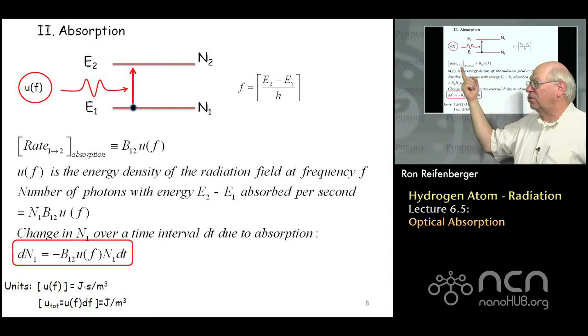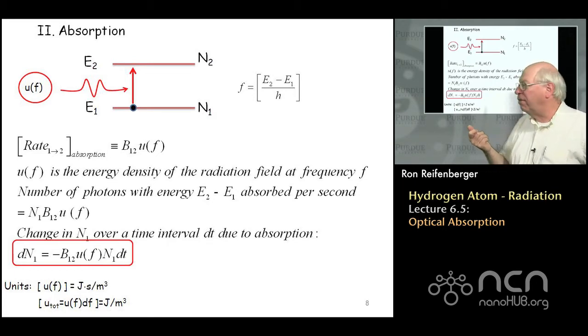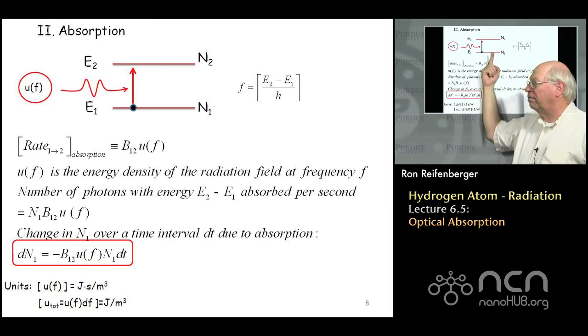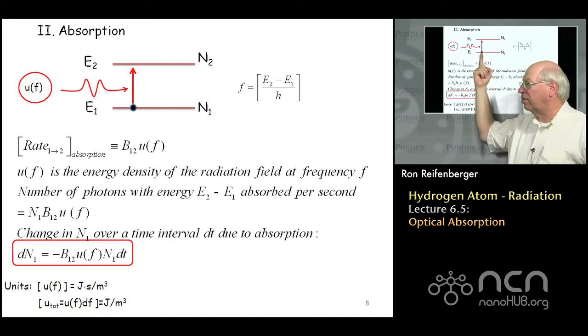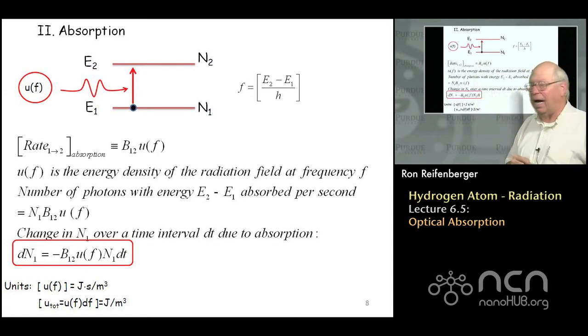The product of those two numbers then tells you what the rate of absorption of photons is by this two-level atomic system. So again, the question that you tend to focus on is, if there's N1 electrons in energy level E1 to begin with, how does N1 change with time?